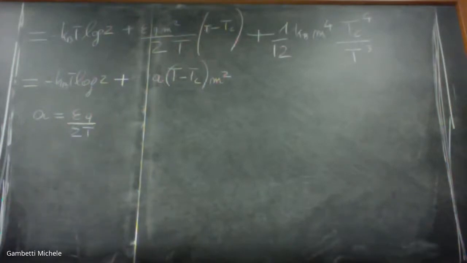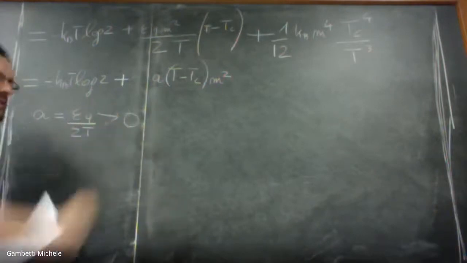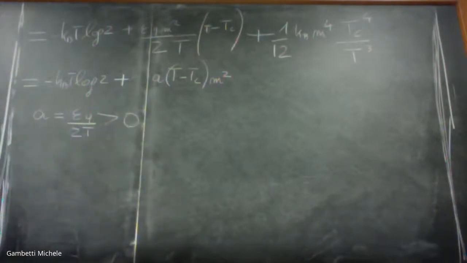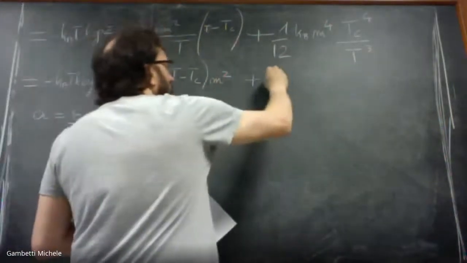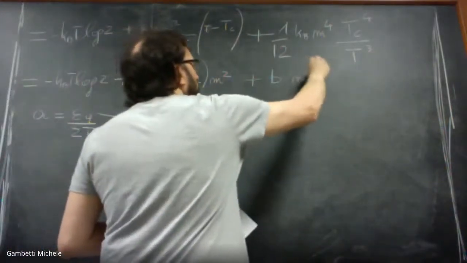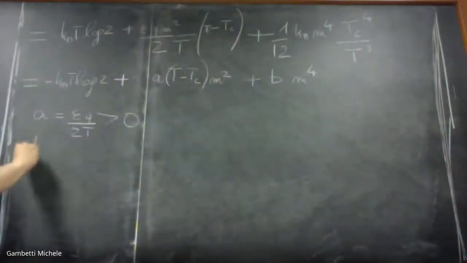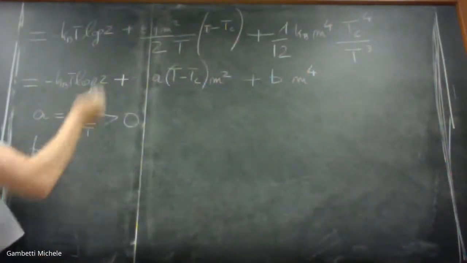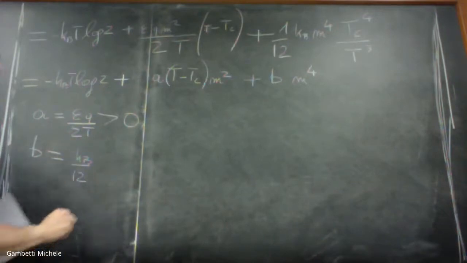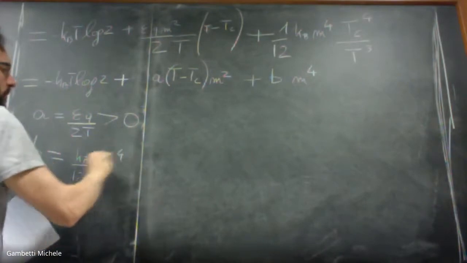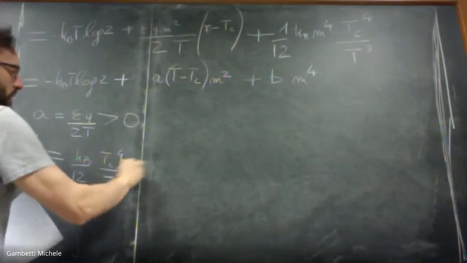Okay, what is left there? Epsilon q divided by 2T, and then I have m squared a. Of course, this a is a positive quantity. The fact that it is positive is important. You will see in a moment why. Then I have plus another quantity that we call b, times m to the power of 4, where b is equal to what is left there, so it's k_B divided by 12, and I have T_c to the power of 4 and T to the power of 3, which is again a positive quantity.